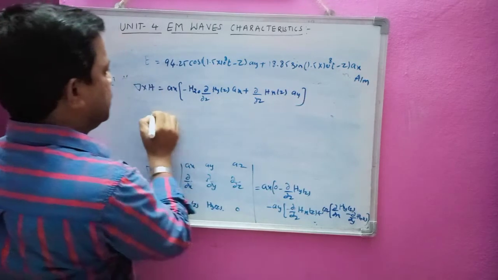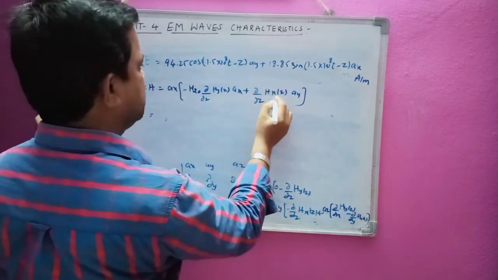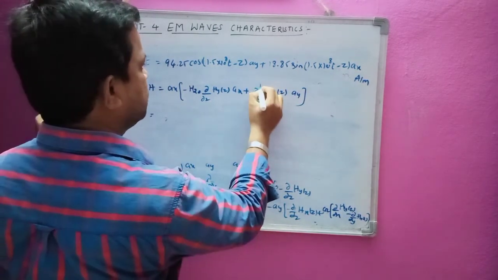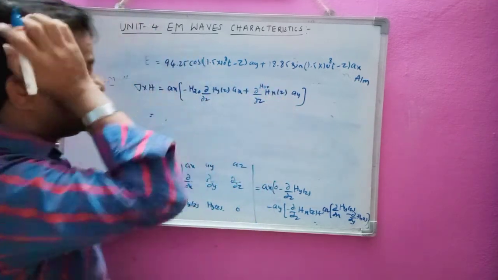Okay, now here we have to take H1 of 0, because it is the H component.